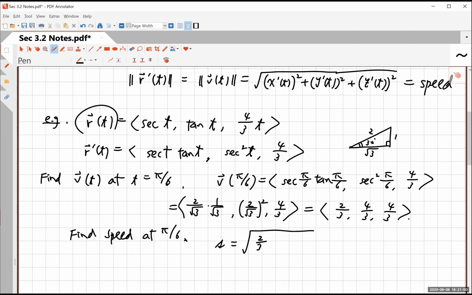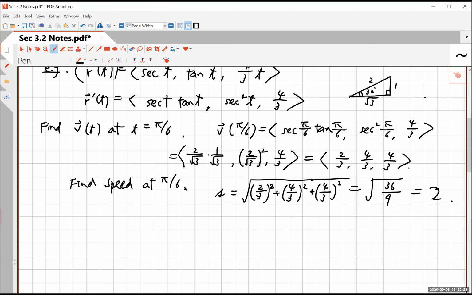So it's (2/3) squared plus (4/3) squared plus (4/3) squared. And you can see that the denominator is, of course, 9. You have 4 plus 16 plus 16, and that is 36. So this will be the square root of 36 over 9, that's 6 over 3, which is 2. So that's how you can find the speed and the velocity and so on.